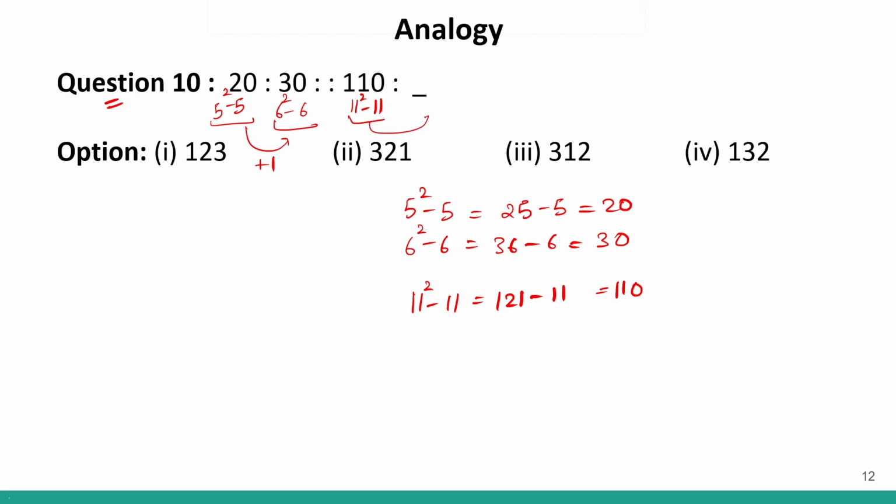So over here also we will go plus 1. If I go plus 1, I will get 12 square minus 12. Correct? So 12 square minus 12 will be how much? 144 minus 12. So 4 minus 2, 2. 4 minus 1, 3. And 1 I will get. So the answer will be 132. 132 is given in which option? Option number 4. So option number 4 will be the correct answer to this question. Clear? Option number 4 is the correct answer.